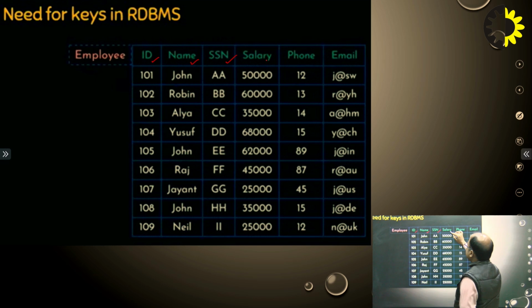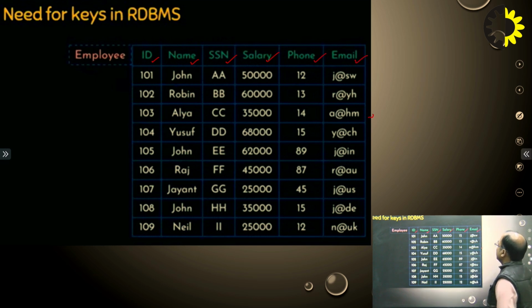Then we have the salary, phone number, and email of the employee. So this is the employee table, with the ID of different employees, name, SSN, salary, phone numbers, and email. In this table we ask why we need keys.